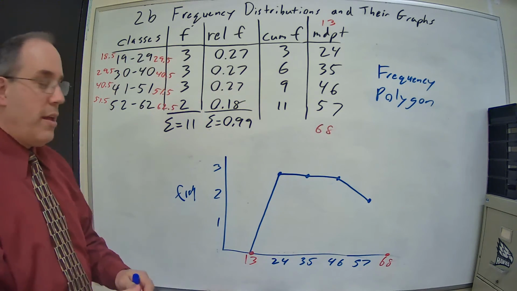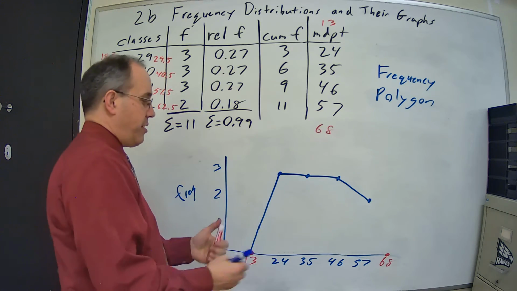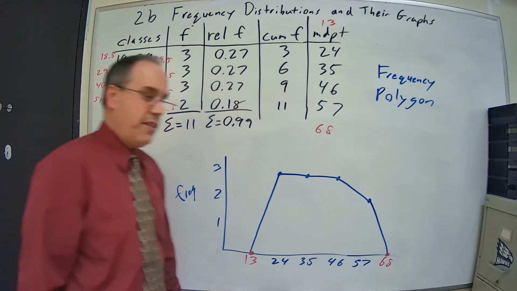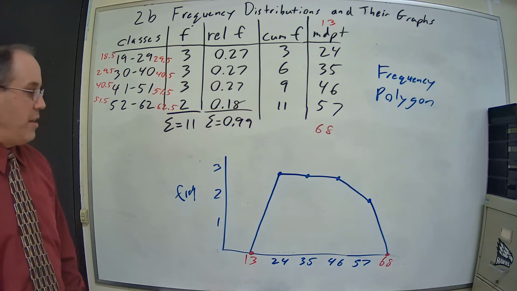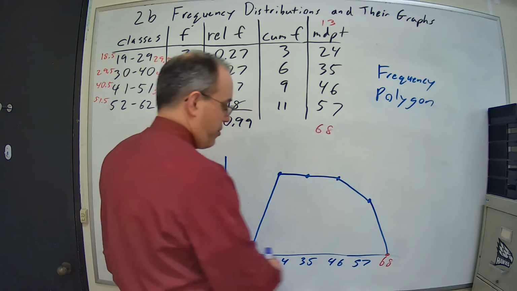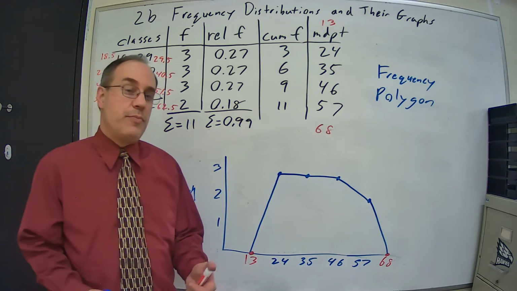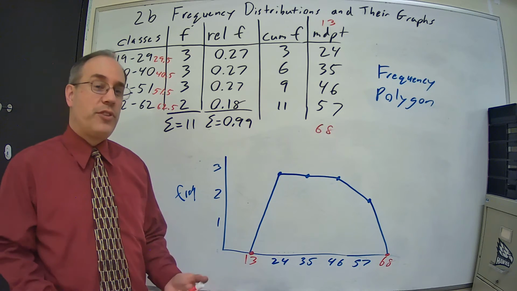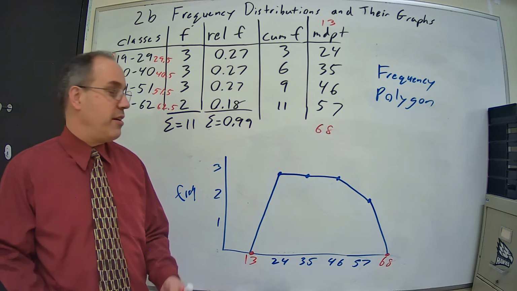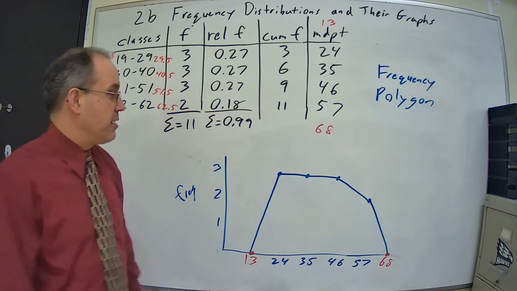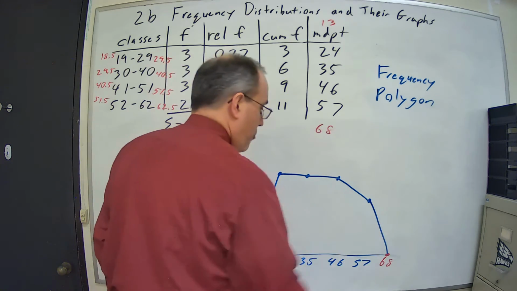So now I can connect this end of the graph down to the x-axis. And notice that now, when you include the x-axis as part of it, we have a closed two-dimensional, multi-sided figure consisting purely of line segments. So this is a frequency polygon.